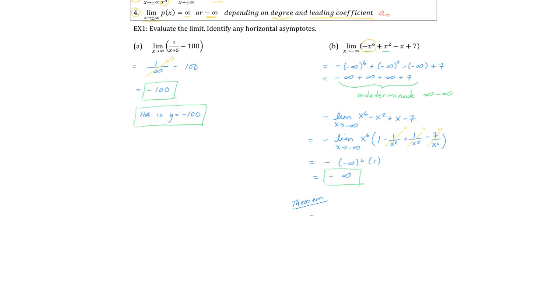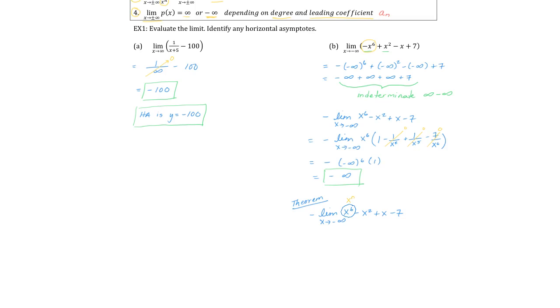If I write this as negative limit, factor out the negative again, of x to the 6 minus x squared plus x minus 7, and I use the theorem, this is my x to the n.